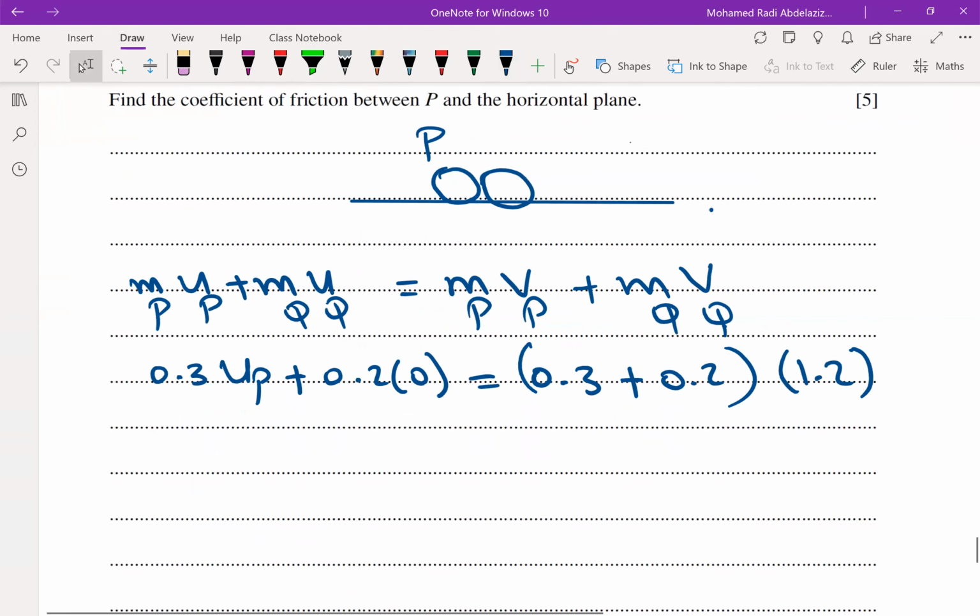From this equation, we'll find the velocity before particle P collides with particle Q. You can find UP is equal to 0.3 plus 0.2, which is 0.5, multiplied by 1.2, then divided by 0.3. So the answer is 2.